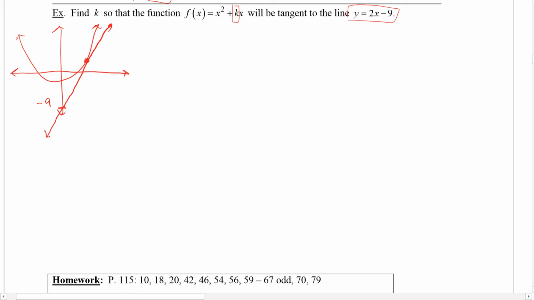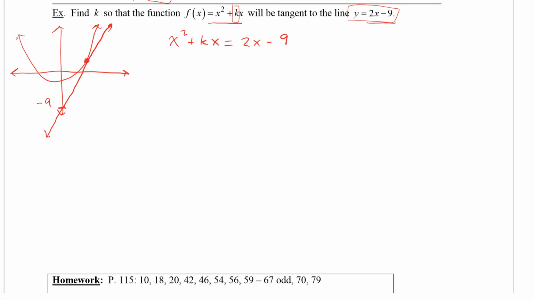Okay, so what does it mean for a tangent line to touch the curve at one point? It means that this equation and this equation are equal at one point. So let me go ahead and construct the equation. x squared plus kx is equal to 2x minus 9. So that is my equation.